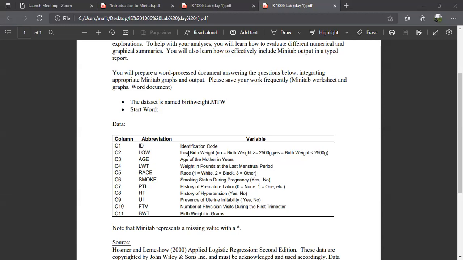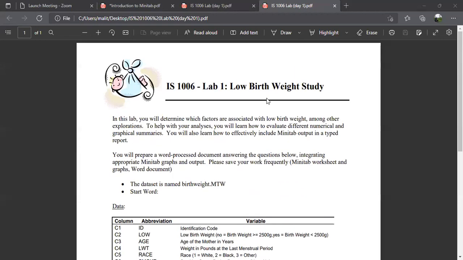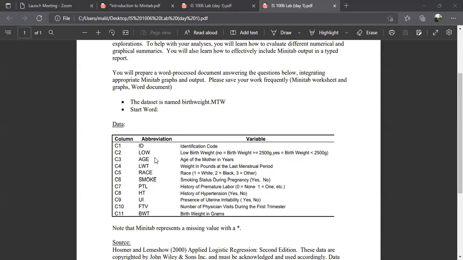In this practical session, we don't need such knowledge, so I have given you a very simple explanation about the data, right? There are several variables: ID, the identification code, low, age.